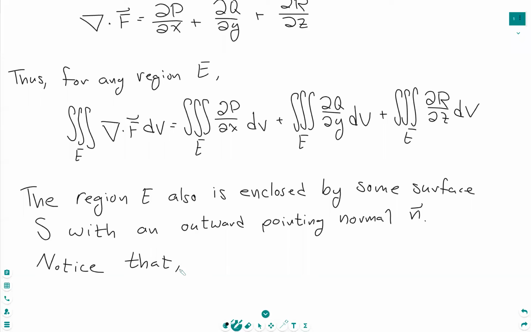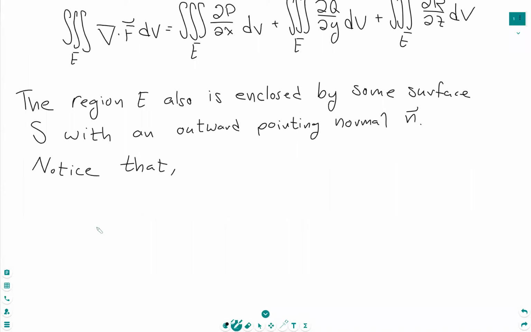Notice that we'll have a surface area integral. And if you have a surface that doesn't have a boundary, so think of a sphere, right? A sphere is a really good example. The surface that encloses the sphere doesn't have a boundary, right? That is a closed surface.